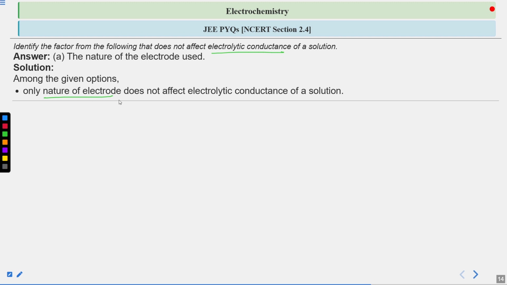Only the nature of the electrode which we are using in our electrolytic solution will not affect the electrolytic conductance of that particular solution. So that is why option A is our correct answer. Okay, moving on to our next question.